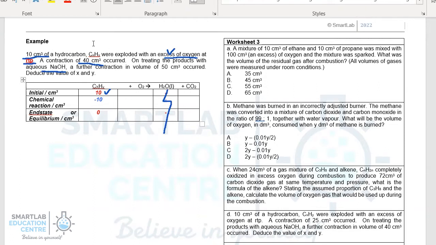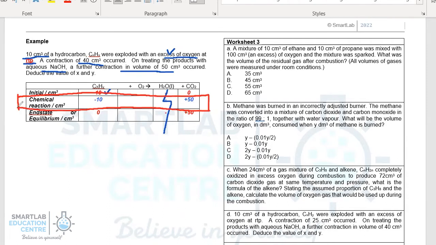Next, we look at treating the products with sodium hydroxide, a contraction of 50 cm³. There's a contraction of 50 cm³, that must be carbon dioxide, since carbon dioxide is an acidic oxide that reacts with sodium hydroxide. We start off carbon dioxide with 0 cm³ and we end up with 50.